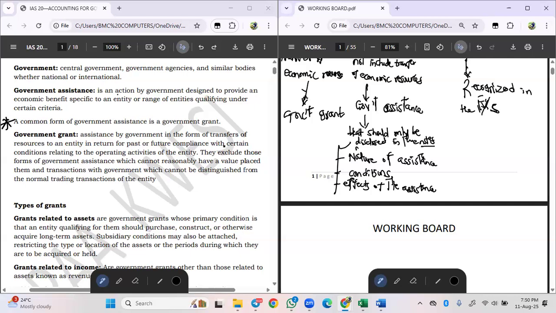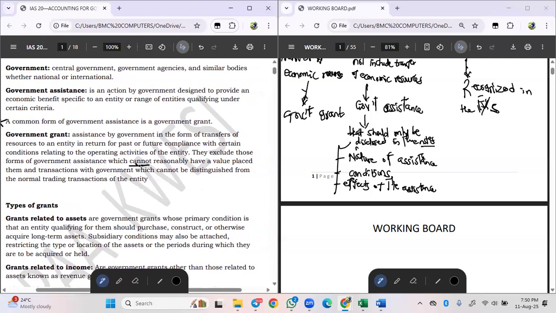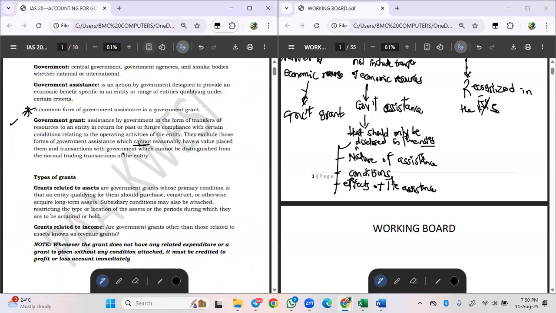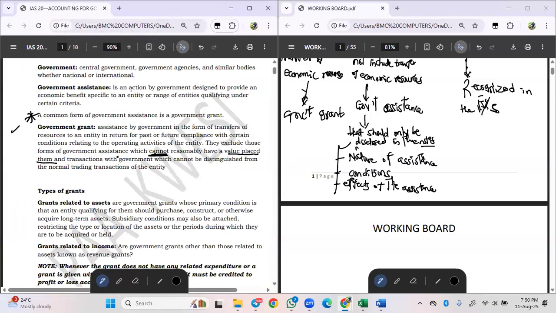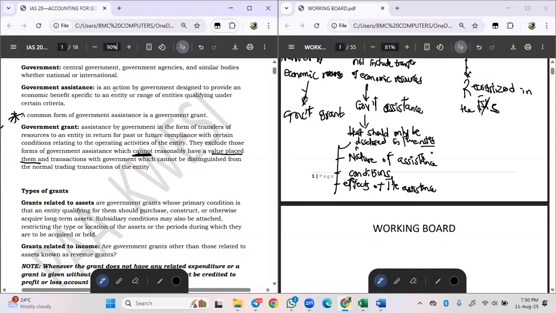They exclude those forms of government assistance which cannot reasonably have a value placed on them. So it does not include the government assistance that cannot reasonably have a value placed on it, which should just be disclosed.